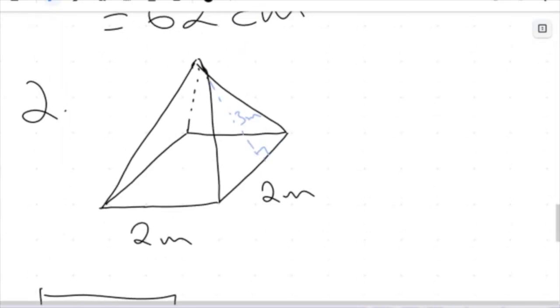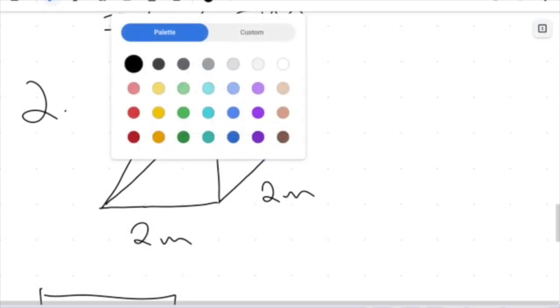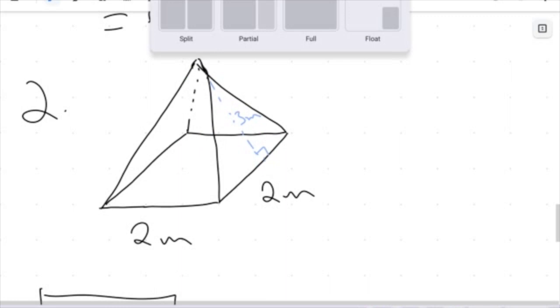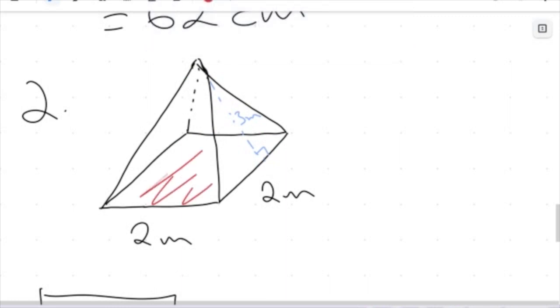And I have 4 lots of my triangular bits that make up the sides of my pyramid. Let's do that in another color. I have this one here, 1. I have this second one, 2. I have this third one, 3. And I have this one, 4. That looks really messy, but just to show you how we can count these.